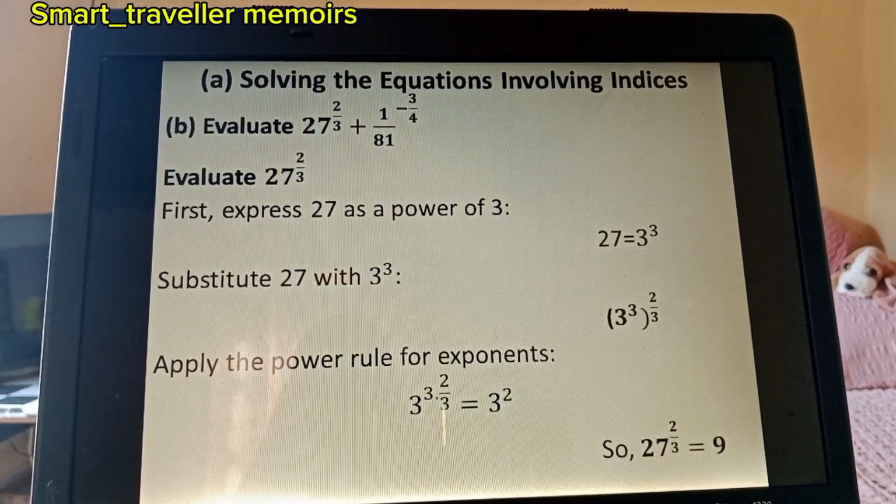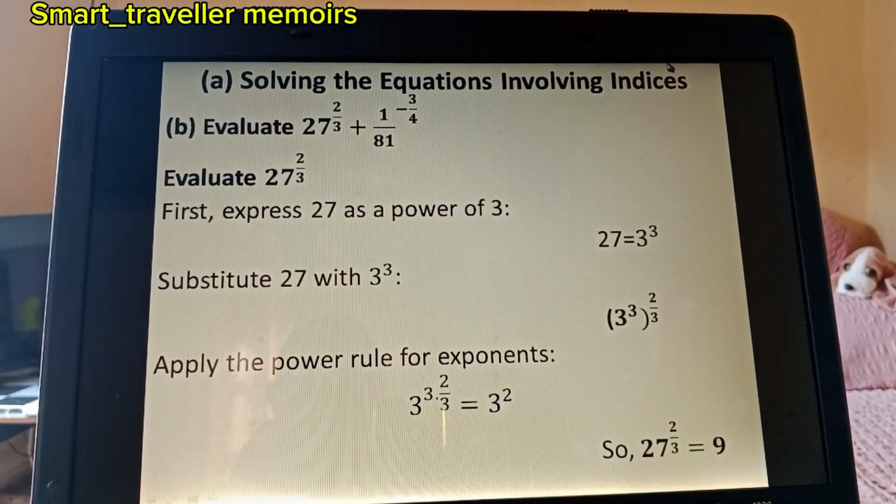And you apply now the power rule for exponents, where you multiply 3 by 2 thirds, and you get 3 squared, and therefore 27 raised to 2 over 3 is equal to 9, because 3 squared equals 9.